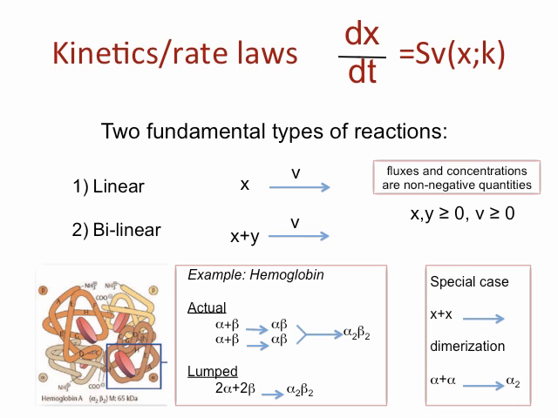Before we move on, I want to talk about a special case. Sometimes there are reactions that lead to homodimer formation. So where 2 molecules react, but they are both the same, and they react with each other to form a homodimer.